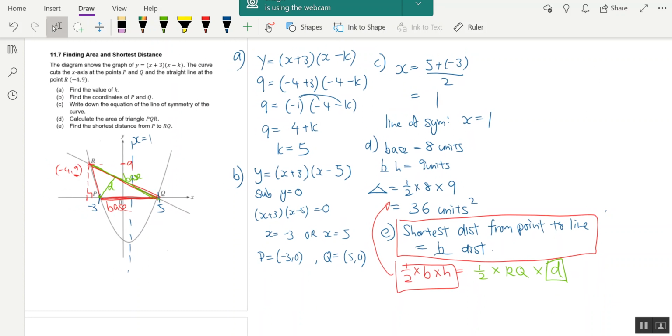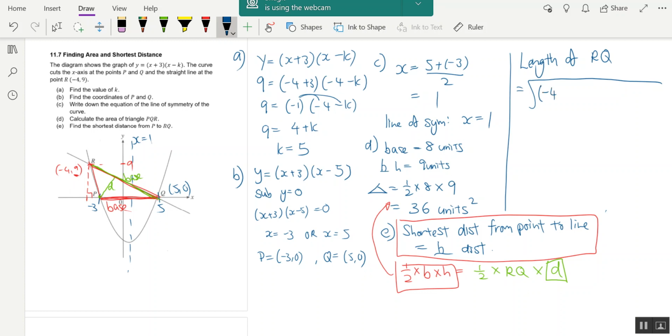Okay, by using our trigonometry, sorry, coordinate geometry, the length of RQ is equals to square root of, this is 5, 0, okay, minus 4 minus 5 squared plus 9 minus 0 squared.